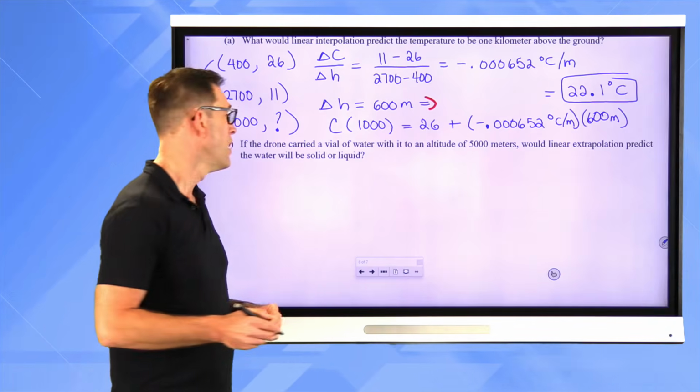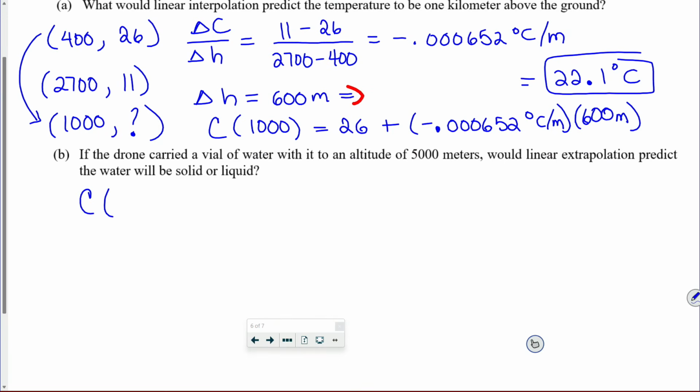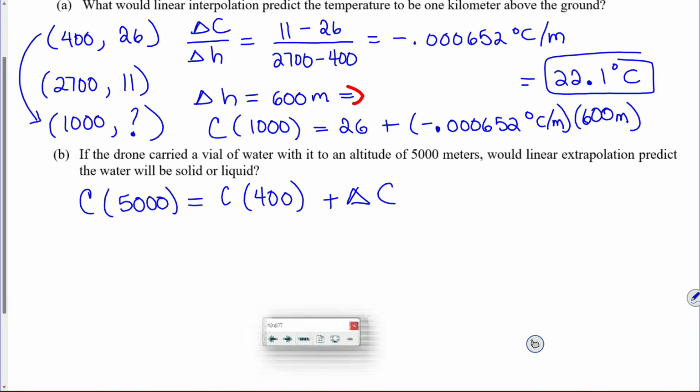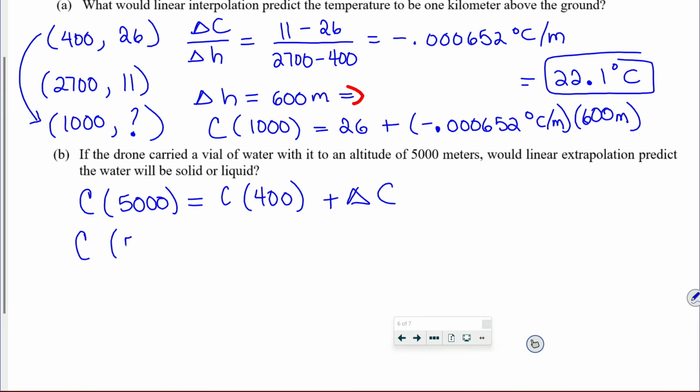All right, well, let's do it. Now, I want my Celsius temperature at 5,000. Okay, I can figure that out by either using the temperature at 400 or the temperature at 2,700. I think I'm going to continue to use my 400, so I'll do Celsius temperature at 400 plus the change in the Celsius temperature between the two. My Celsius temperature at 5,000 then will be, what was it? It was 26 degrees Celsius at 400 plus that negative 0.000652.